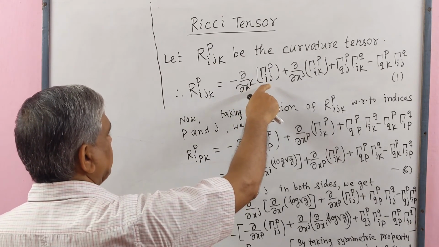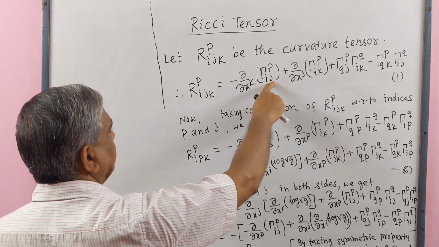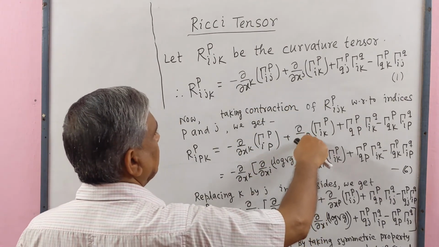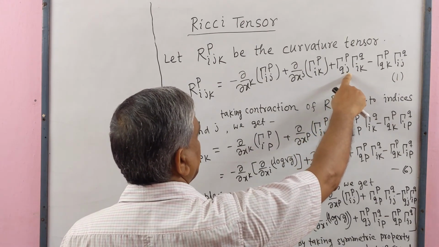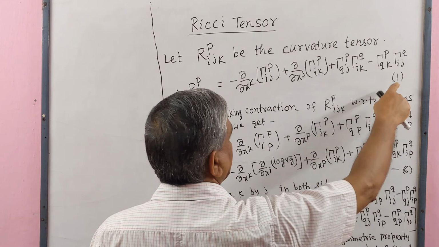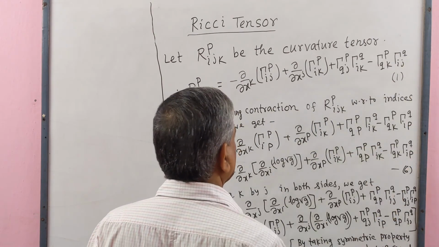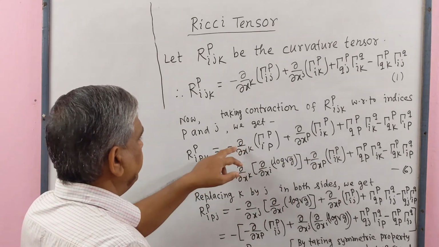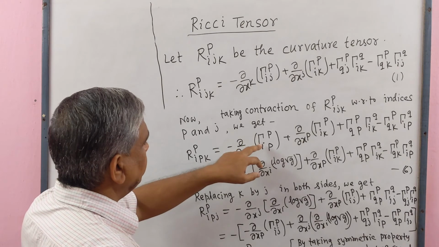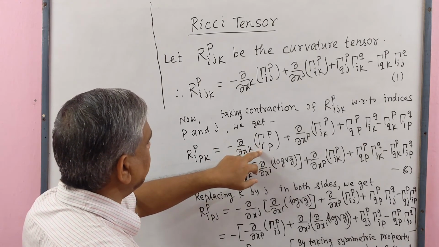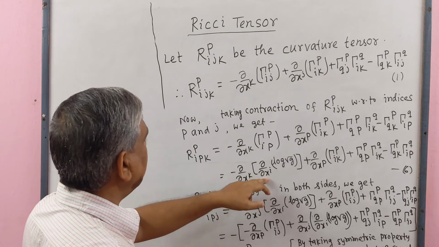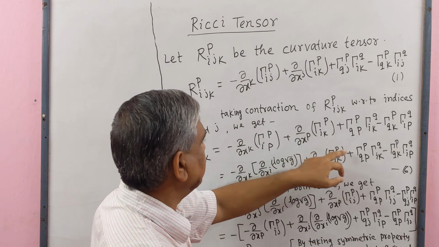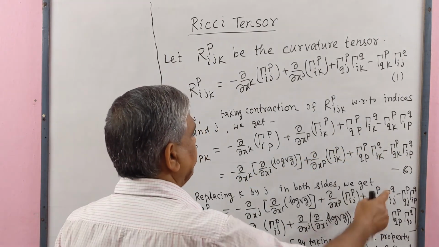Here in place of j we write p, here in place of j we write p, here in place of j we write p, here in place of j we write p, and this equals minus del by del x^k. Value of this Christoffel symbol of second kind is del by del x^i of log square root g, and other terms remain same. This is number 6.